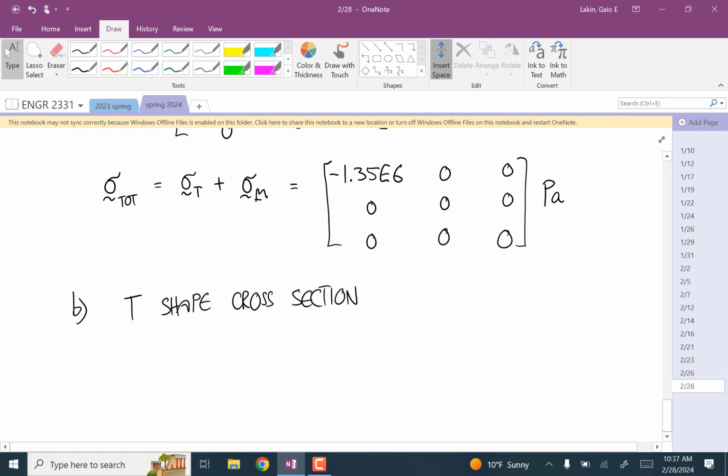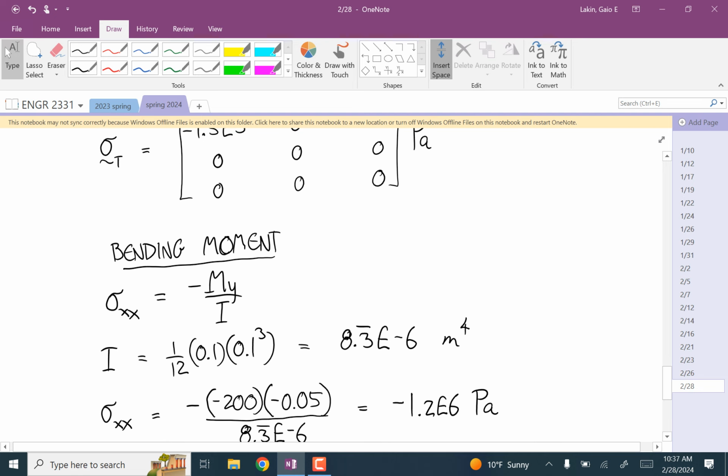And so what you would expect to see is with those same loads applied, we're going to have a smaller maximum stress for the T cross section. Does that make sense? Okay, so hopefully that's what we're gonna see.